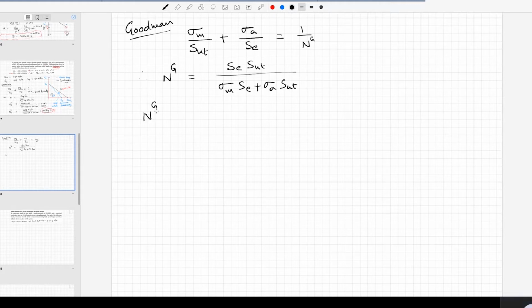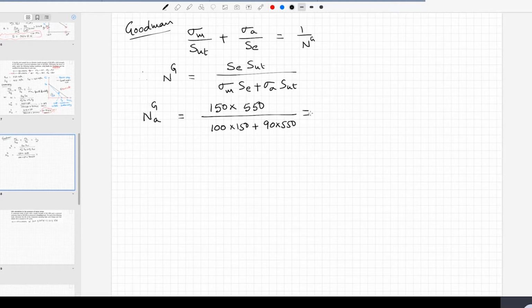So, according to the Goodman criterion, the factor of safety for load state A: SE and SUT will not change whether it is loading A or B. SE is 150, SUT is 550, divided by sigma m for stress state A, which is 100 into 150, plus sigma a, which is 90 into 550.